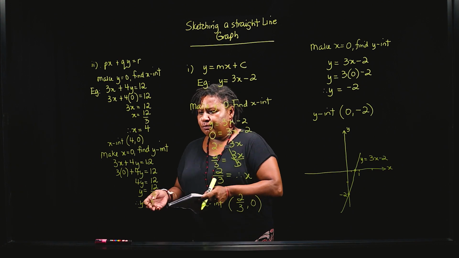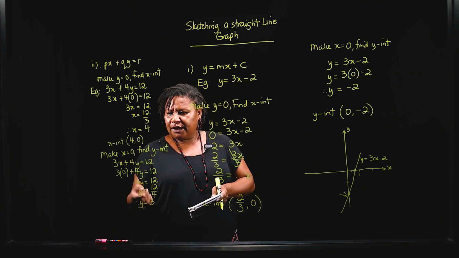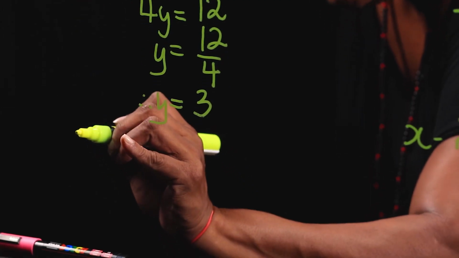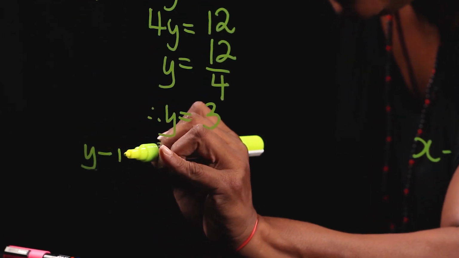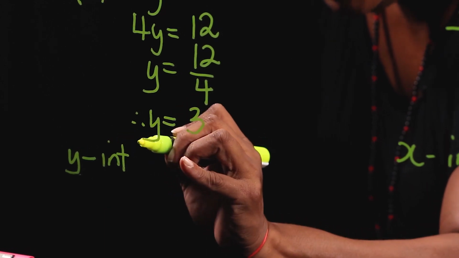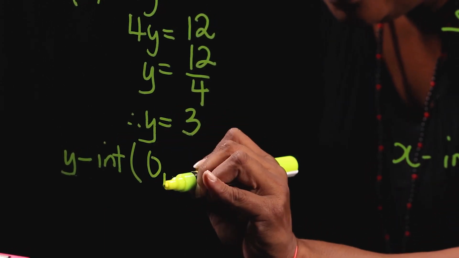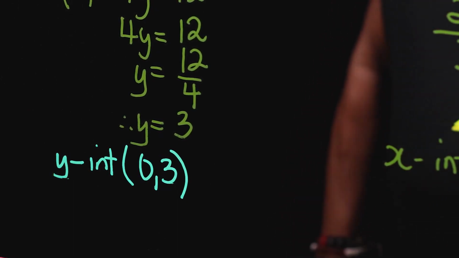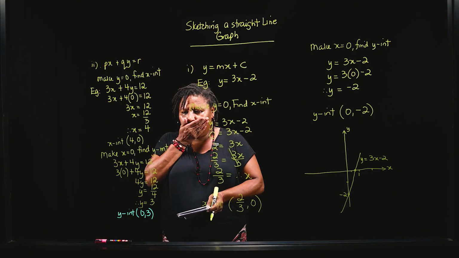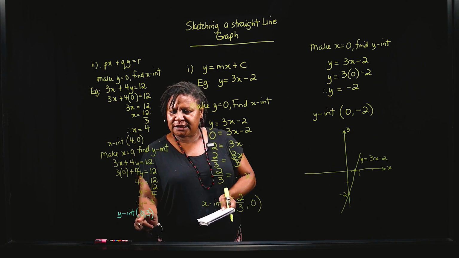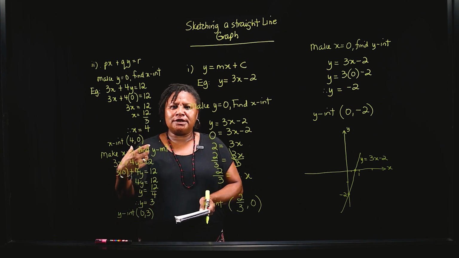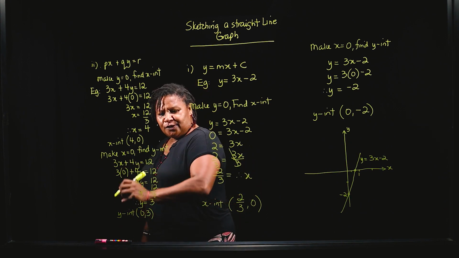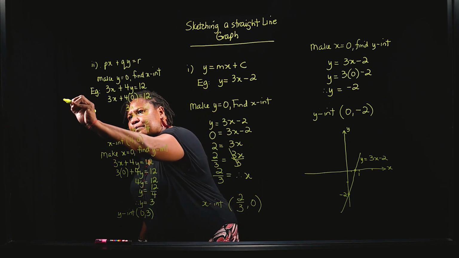Okay? Now, we have x equal to 0, y equal to 3. So our y-intercept is (0, 3). Okay? Now, once we have the 2 points, we are able to sketch our line on a Cartesian plane. Okay? So let's do that quickly.